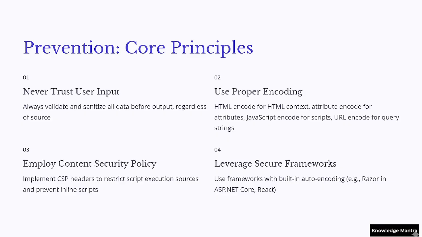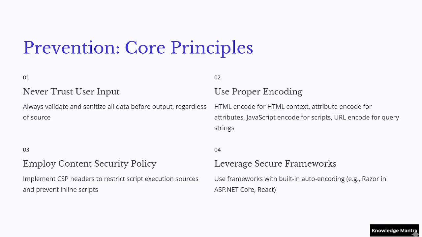Next, validate everything, whether it's from a form, an API, or even your own database. Then encode data properly. HTML encode for web pages, JavaScript encode for scripts, and URL encode for parameters.